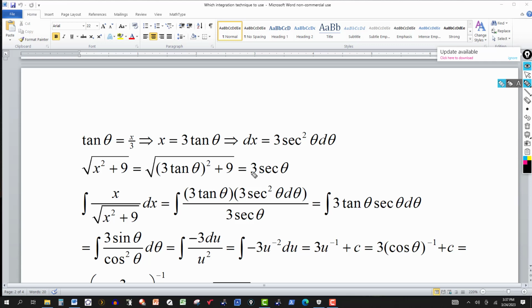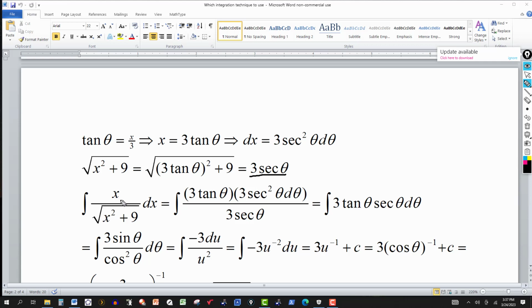Square root of 9 is 3, and that leaves me with tangent squared theta plus 1. That's one of your basic identities. That's secant squared. And the square root of secant squared is secant theta.